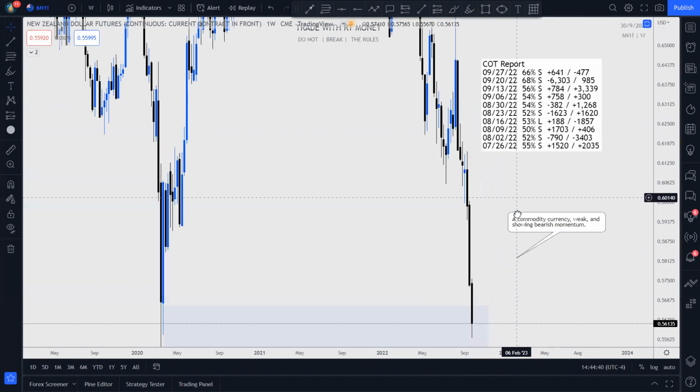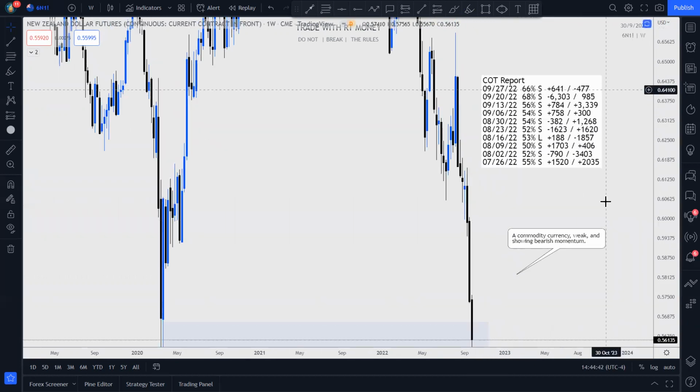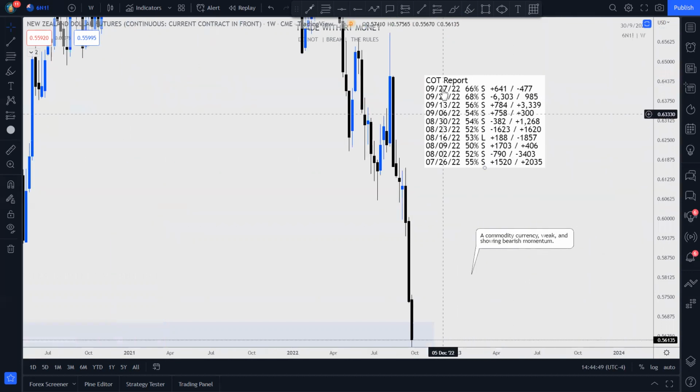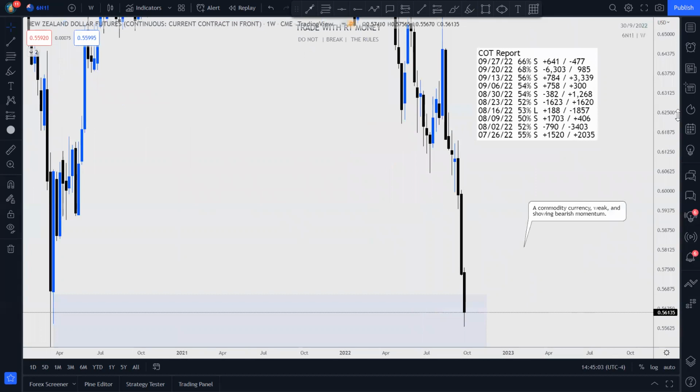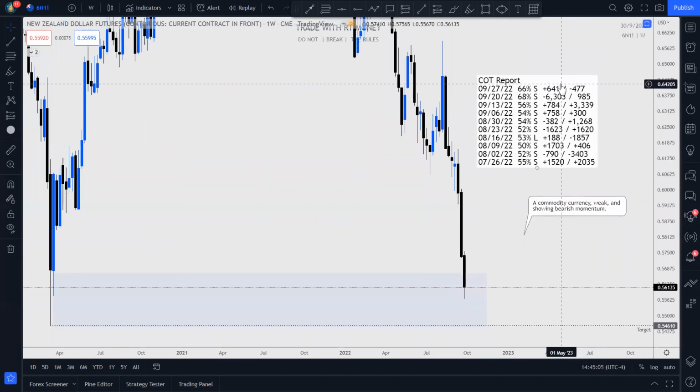So this is the one you want to put against the US dollar, the Japanese yen, the Swiss franc. According to the COT report, 66% of banking institutions are short. Added a few longs, added a few shorts. Nothing to really gain out of that information there.